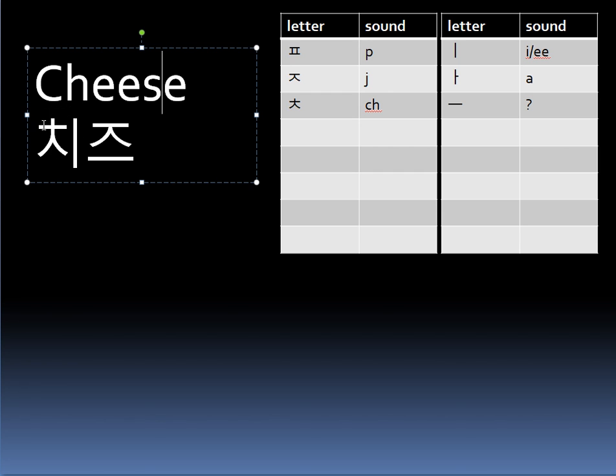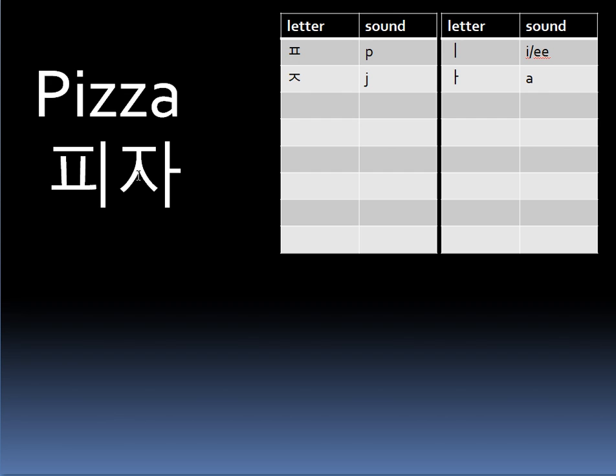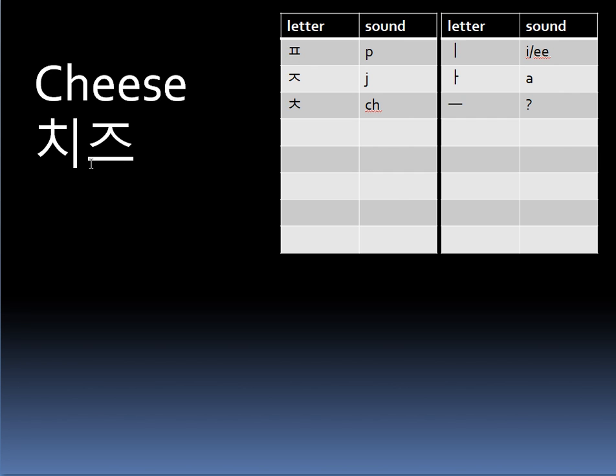Pizza is actually like that, in a row, they just add consonant, vowel, consonant, vowel. But you can see in the second word, it's not like that. They put one on the bottom.